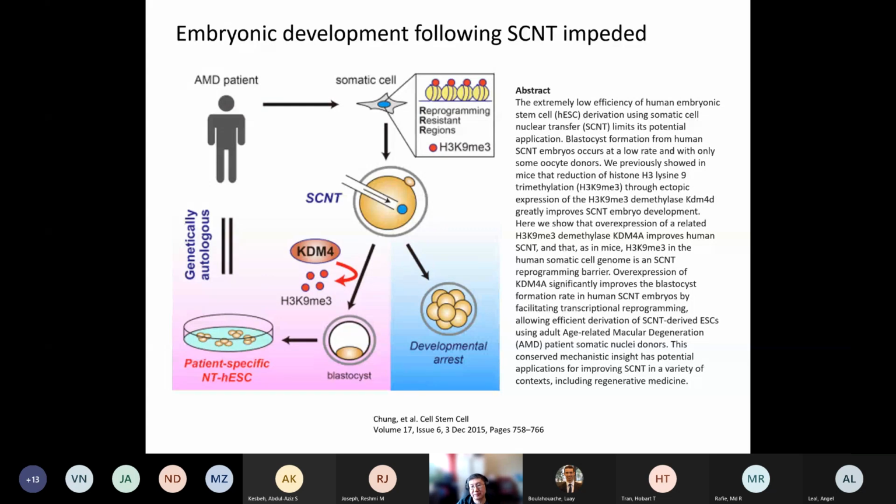The final word of today's lecture is the advantage of human embryonic stem cells out of somatic cell nuclear transfer. It is very useful for modeling disease. Why? Because if somebody has diabetes, for example, many genes are involved.